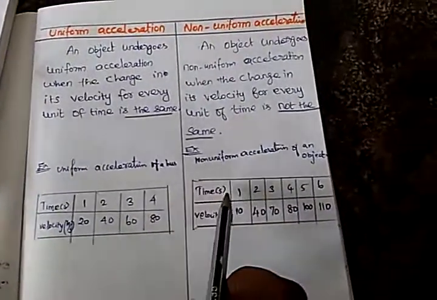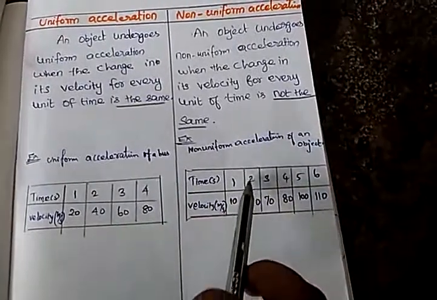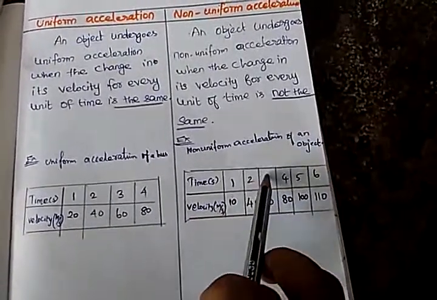Then here we see non-uniform acceleration of an object. At 1 second 10, 2 seconds 40, 3 seconds 70.